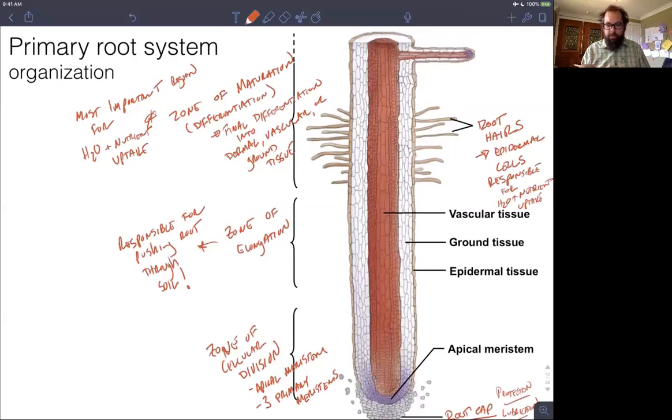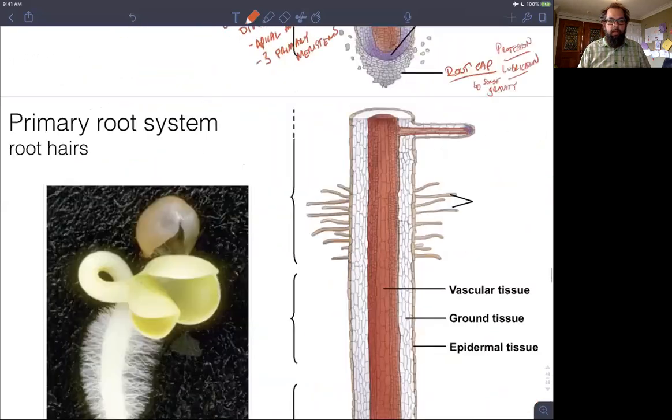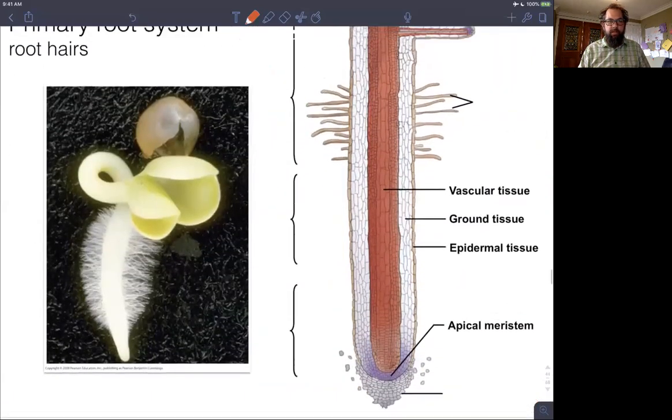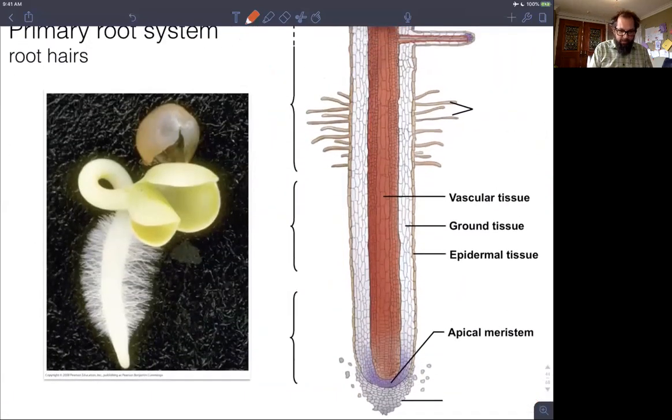Now, these are extremely important. And as you might guess, this importance is all in this increased surface area. So let's take a quick look at what these root hairs look like and how those increase the surface area.